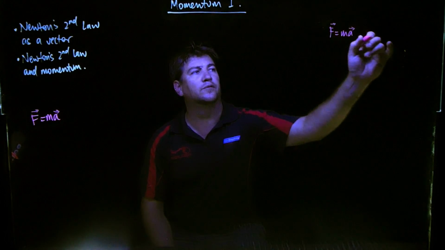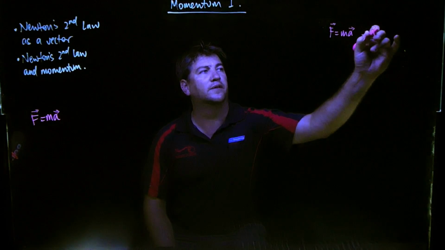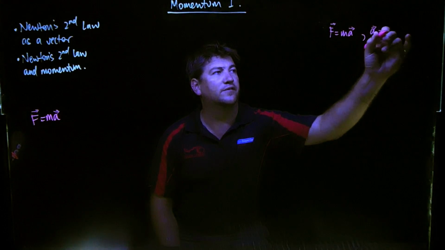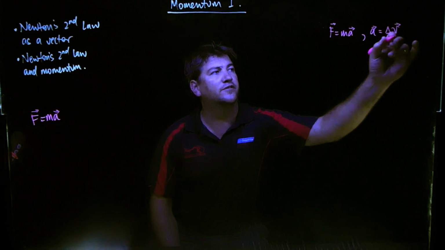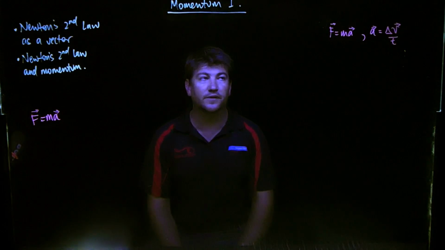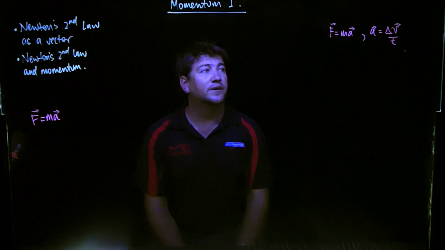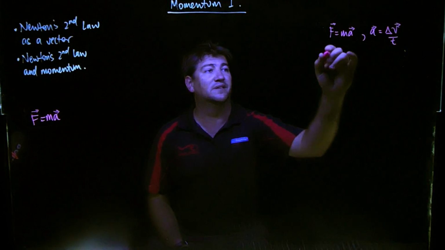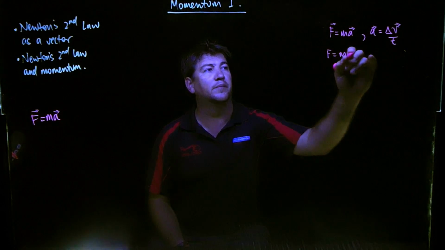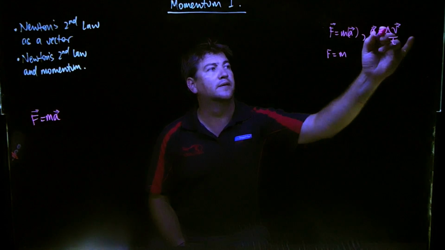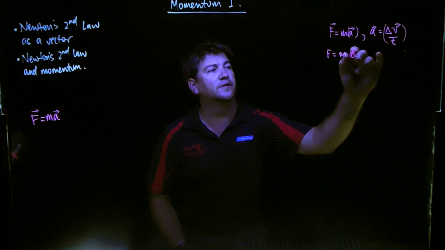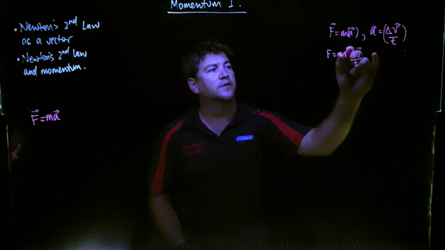These are vectors, remember. I can also say that the acceleration of an object is defined as its change in velocity over some sort of period of time. So now what we're looking at is F equals m, and I'm going to replace a by delta V over t.